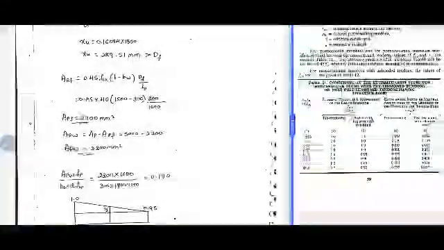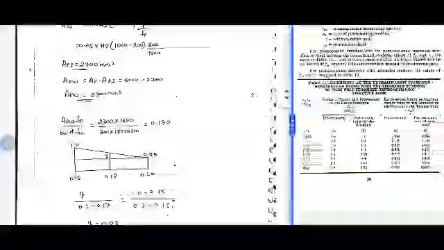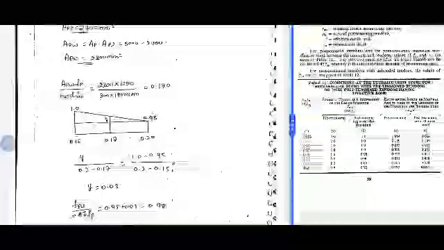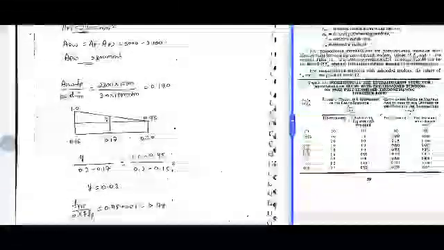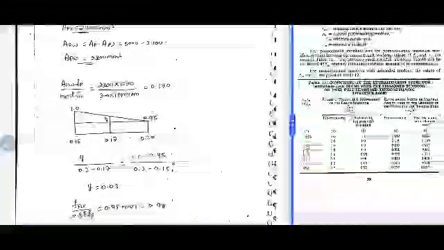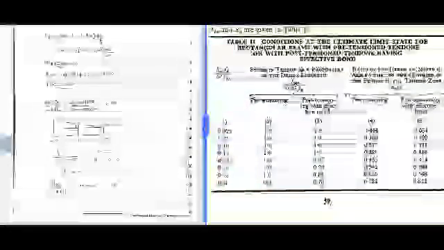So for that area of steel we need to find out new effective reinforcement ratio by considering web dimension, web width, APW FP by BW D FCK. On simplifying we will get 0.17. So again new value of FPU and XU by D we need to find out. So 0.17 lies between 0.15 and 0.2.